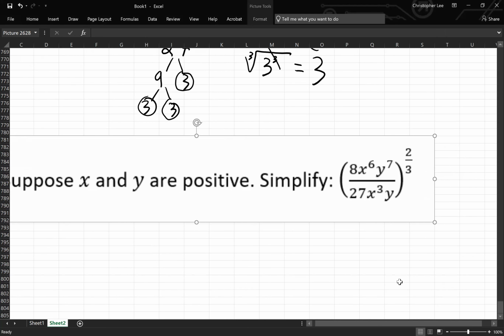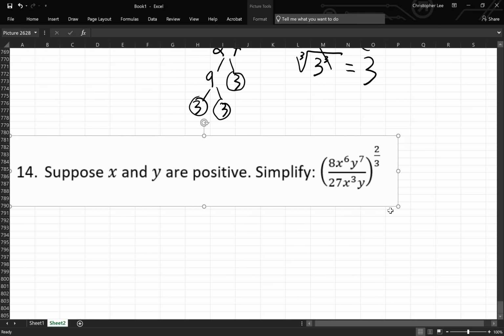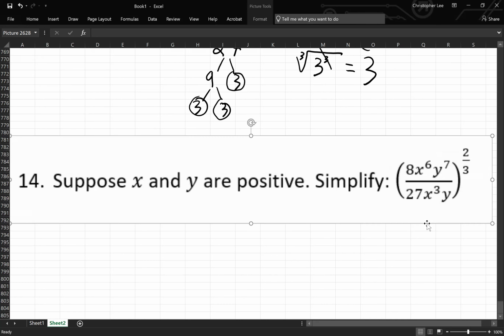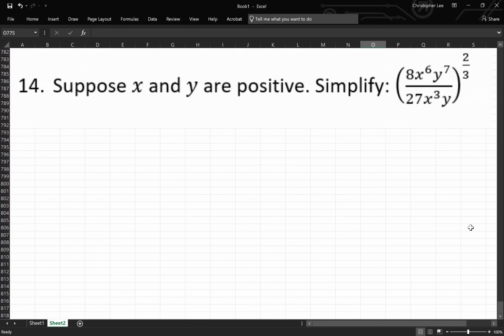All right? So we want to simplify this expression. It's a little complicated, right? What I like to do is break this up individually, numbers and variables individually, and then I simplify by the power on the outside.